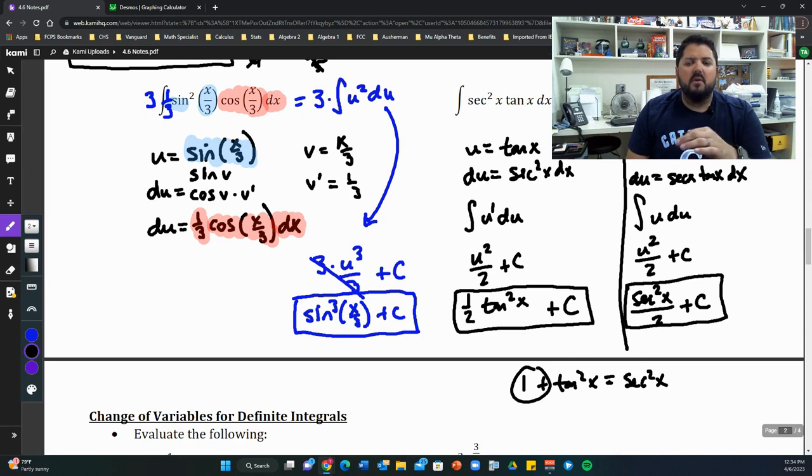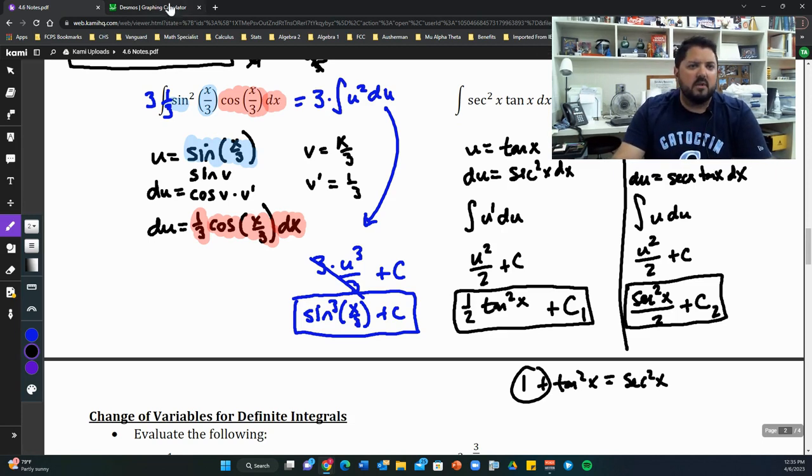So for these two to be equivalent to one another, even with the 1/2 out in front, I really just need the right value of c. If I did the problem this way and had a particular solution, I would get one value of c. But if I do the problem with the same initial condition using the second setup, I would get an equivalent form. It would just be a different value for that constant.